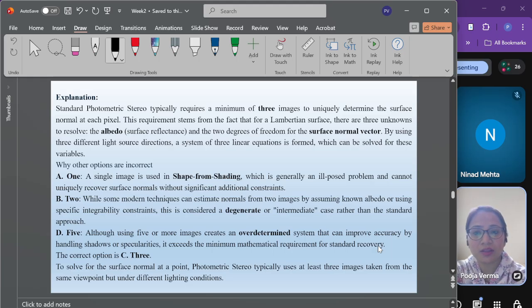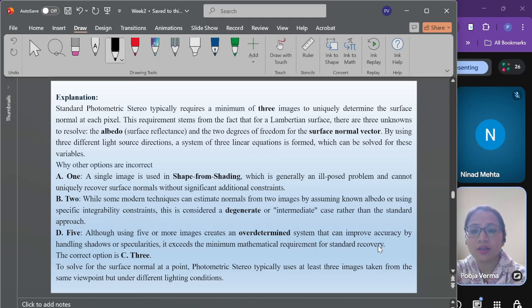By using three different light source directions, a system of three linear equations is formed, which can solve these variables. So option C is correct. We need three to solve the surface normal at a point. Photometric stereo typically uses at least three images taken from the same viewpoint under different lighting conditions.